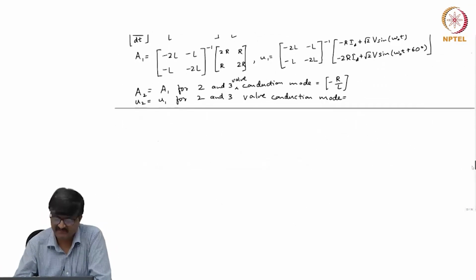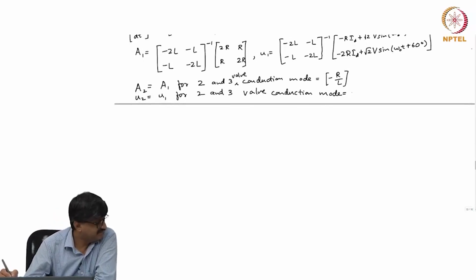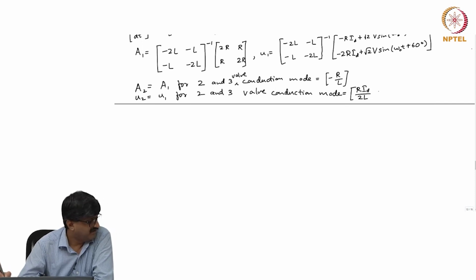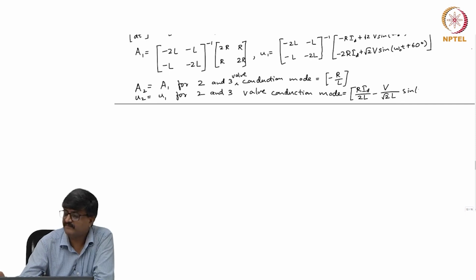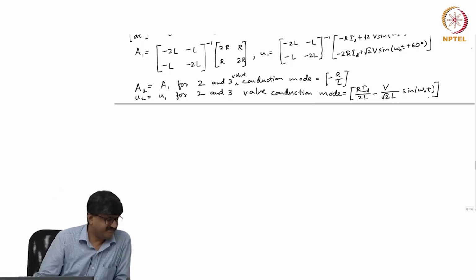So, the same thing is valid here: RID by 2L minus V by root 2L sin omega OT. So, we have got x1, x2, A1, U1, A2 and U2. The only remaining quantities are F and G.